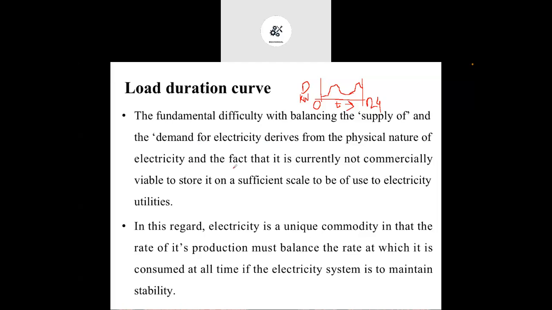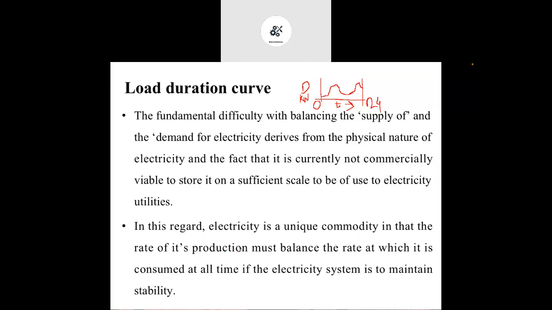The fundamental difficulty with balancing the supply and the demand of electricity derives from the physical nature of electricity and the fact that it is currently not commercially viable to store it on a sufficient scale. We cannot store electricity, so in that case we require drawing this particular load curve.